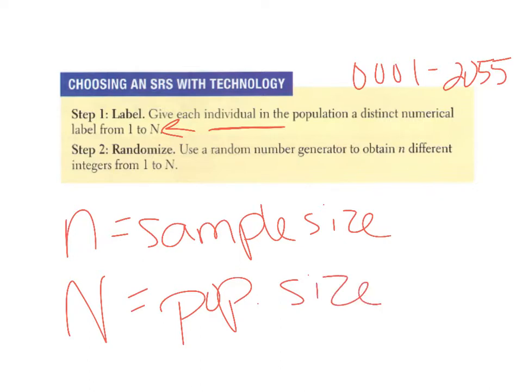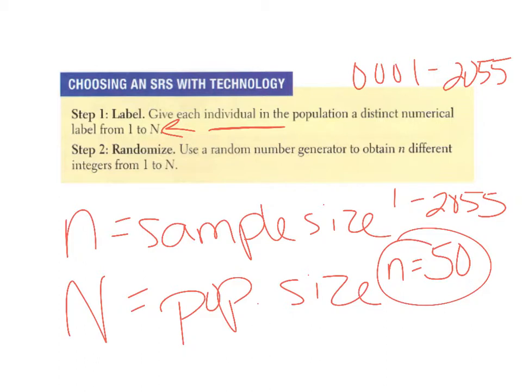For example, if I'm trying to find a random sample of 50 students from opening day at West Mesquite, when we had 2,055 students enrolled, I would give everybody a number from 1 to 2,055. Then when I'm using the random number generator on my calculator, I would tell it that I want a sample size of 50 out of this population size.